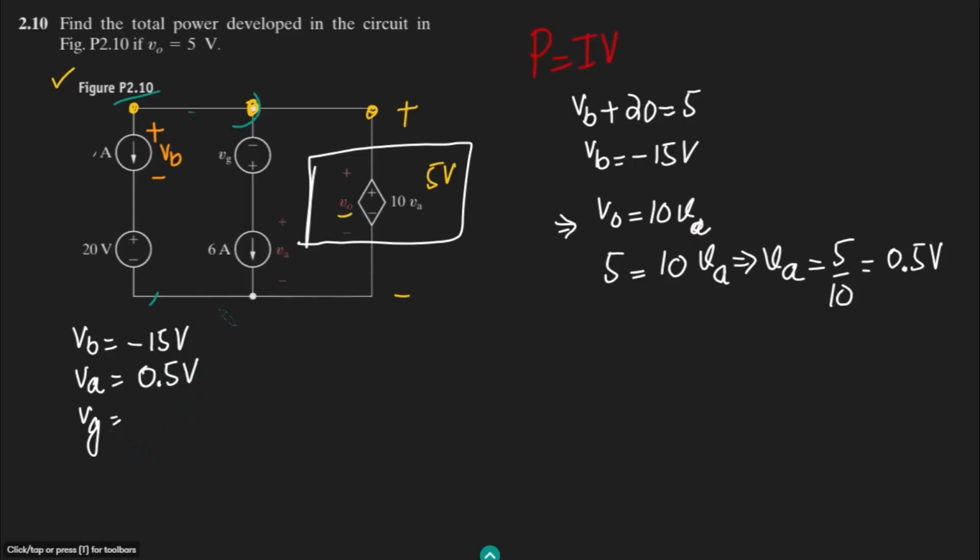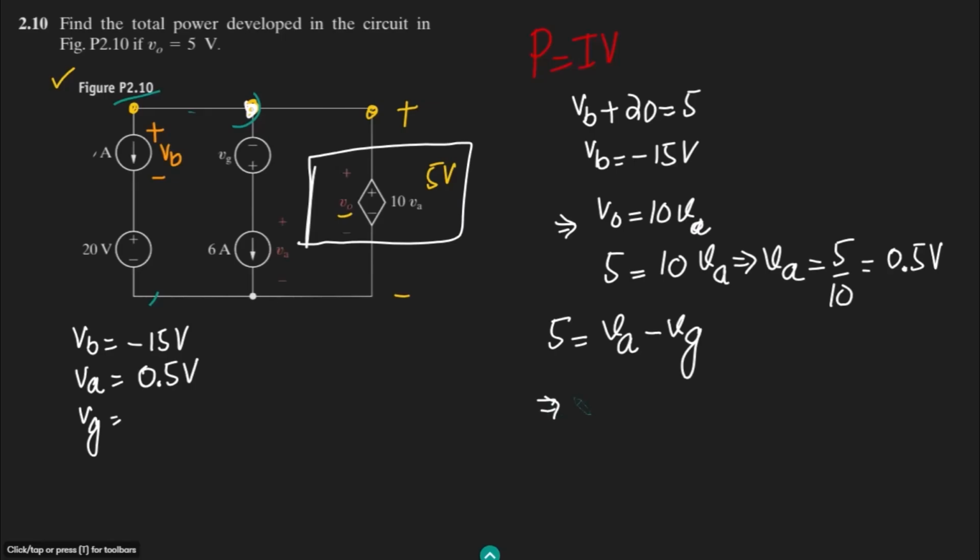Now to find the value of VG, let me use KVL again in this branch. Here this is all known, and that is 5 volts, around this branch. Let me write these voltages. VA is positive, so let me take it positive, and let me write VG as minus VG.